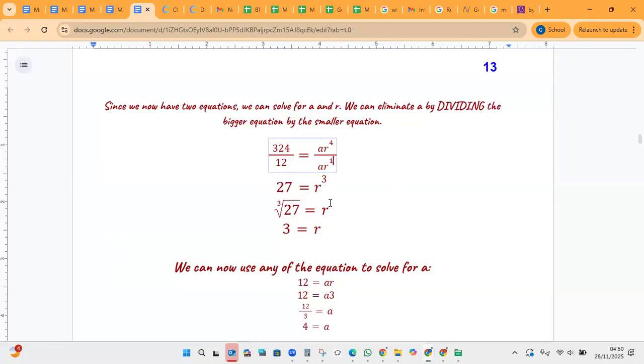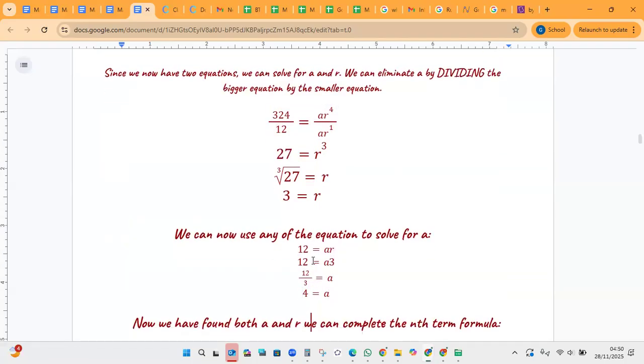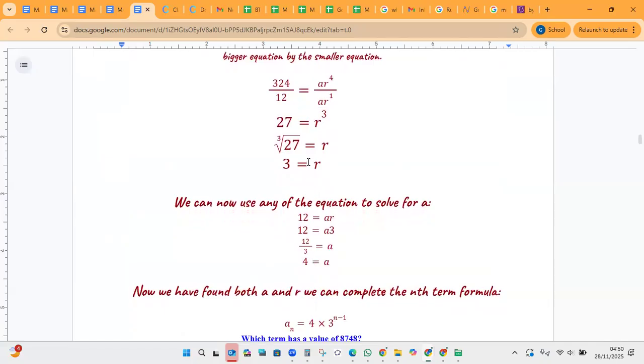To cancel out the 3, we cube root 27, and R is equal to 3. So now we have R, and we can solve for A. To cube root in your calculator, you can use the cube root button, or you can raise 27 to a third.